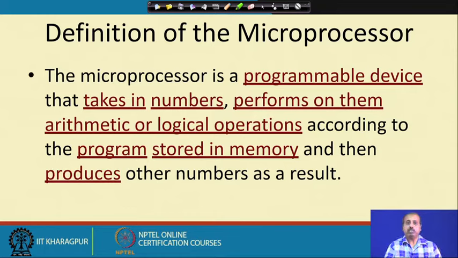If you look into these terms one by one, it is a programmable device. You can tell the microprocessor what to do, and that program has to be stored in some memory.